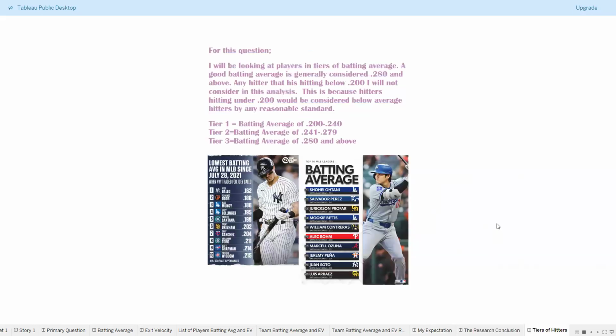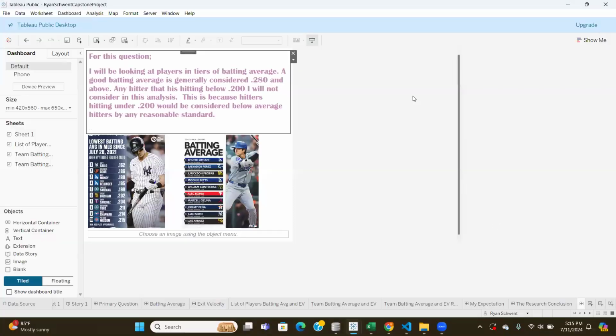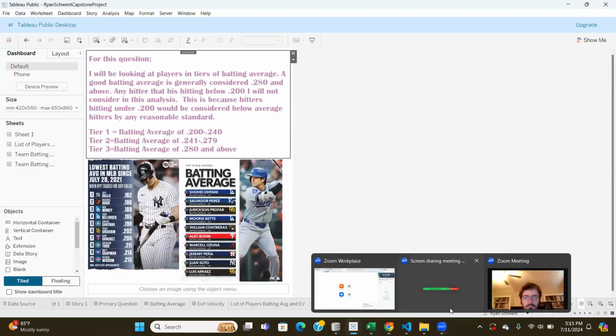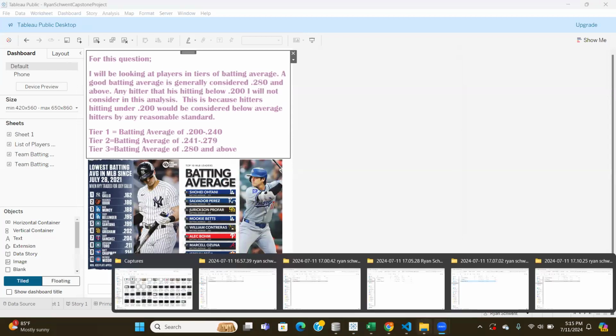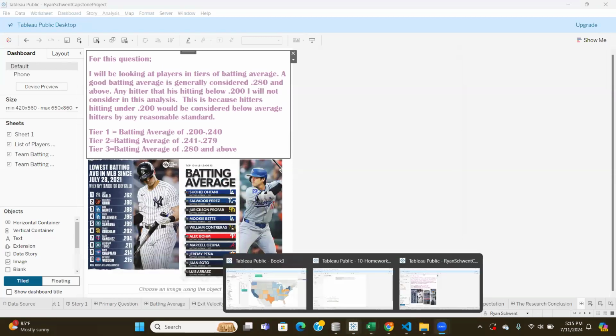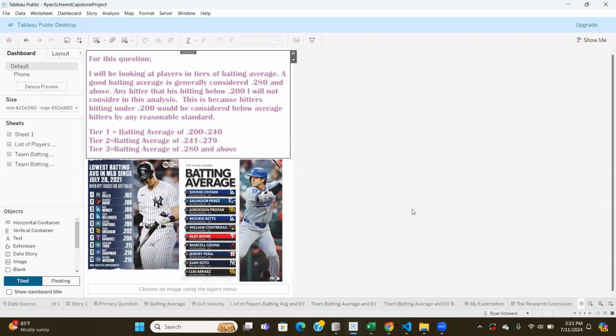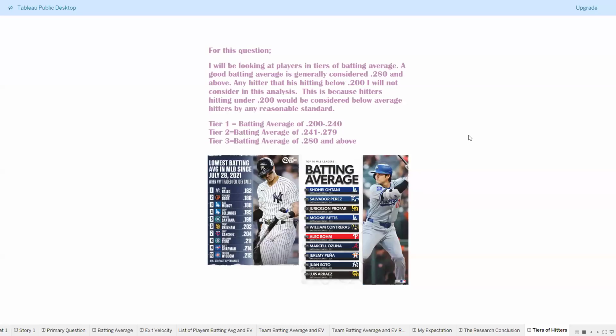One of the main things I was looking at in this presentation was tiers of hitters.